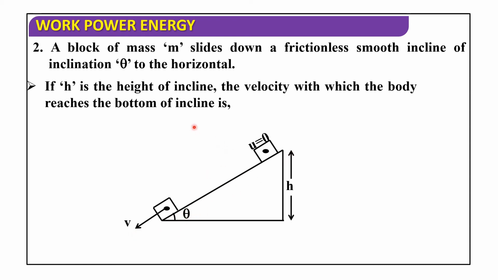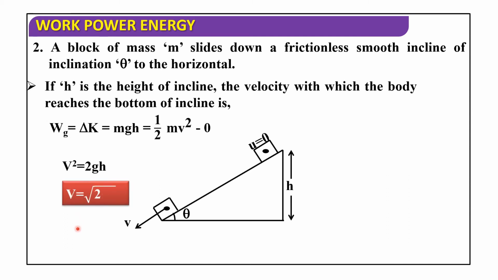We are finding the velocity with which the body reaches the bottom of the incline. W equals delta K, that is equal to mgh equals half mv square minus 0. So v square equals 2gh, v equals root of 2gh. So this is the velocity with which the body reaches the bottom of the incline.